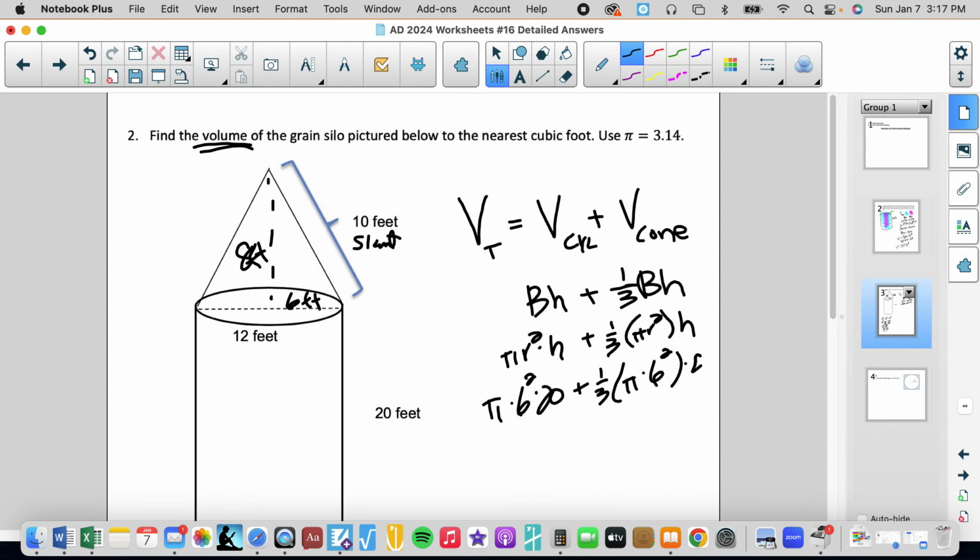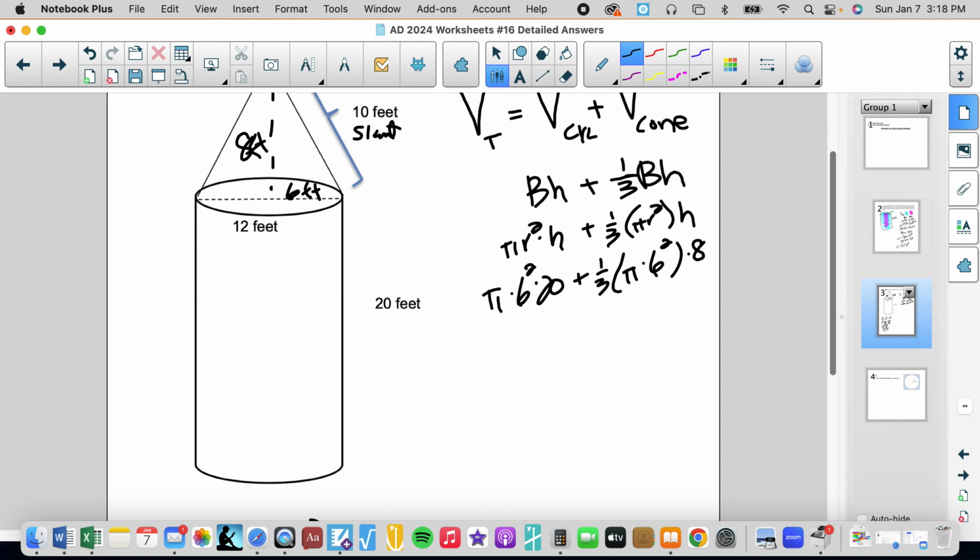So my height is going to be 8 feet. So I'm going to multiply that cone, which is a different height than the cylinder, times 8. All right, so we have pi times 36 times 20, which is 720 pi, plus 1/3 times pi times 36 times 8.